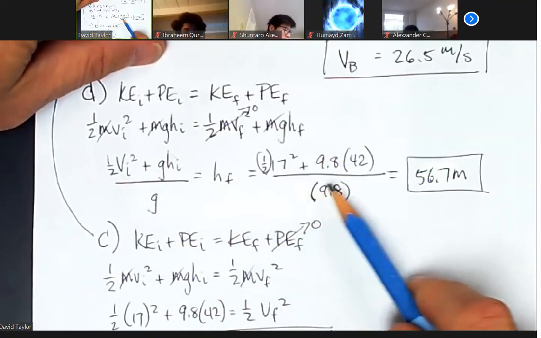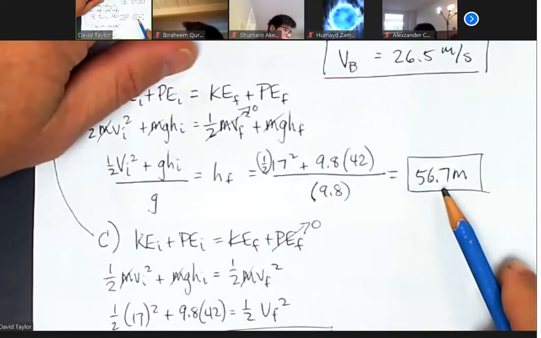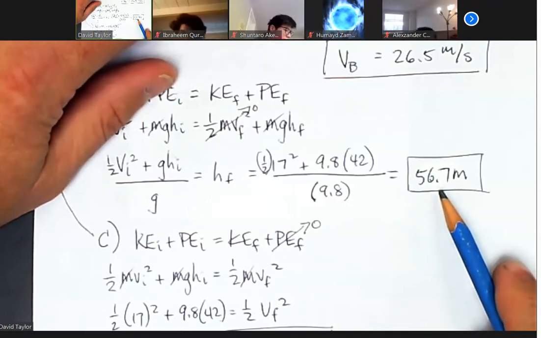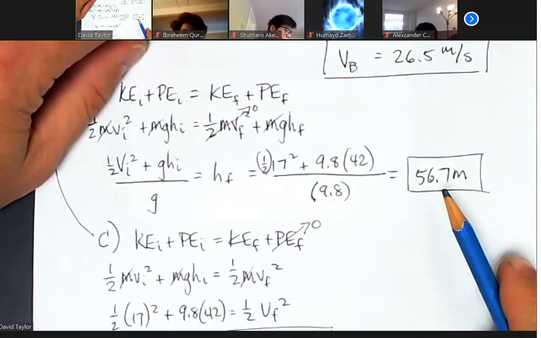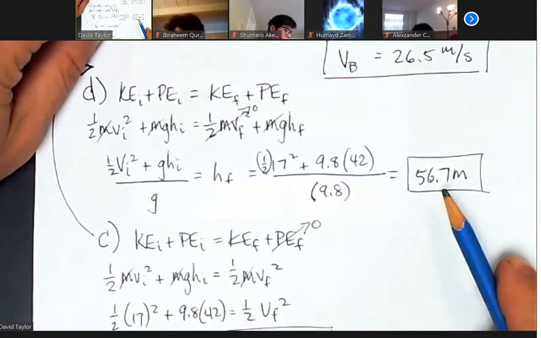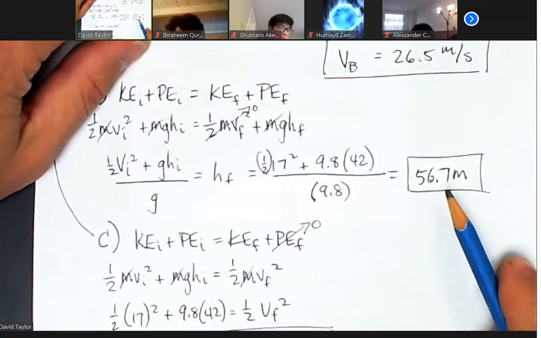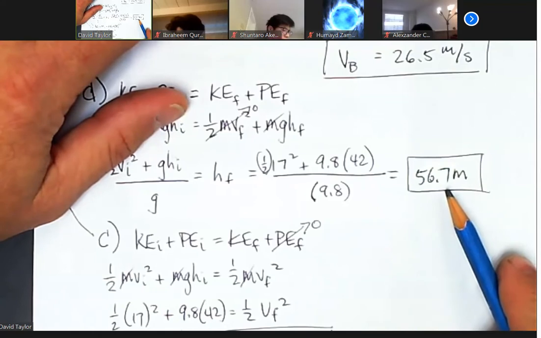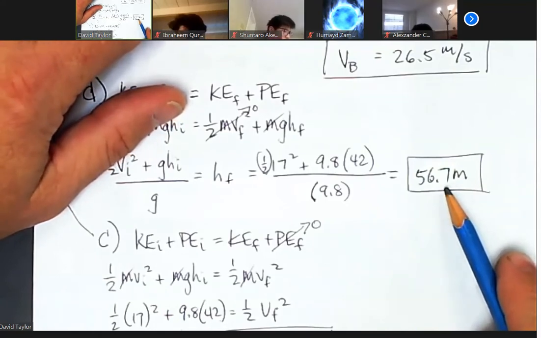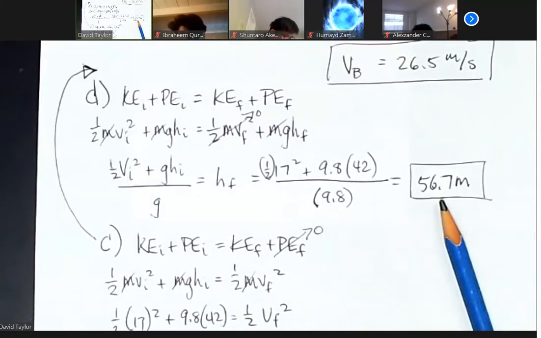Plug in the numbers, and there you see, that's the highest it will go. 56.7 meters is where all the energy now will be in the form of potential, and it will have no velocity. Of course, it will want to roll backwards unless something prevents it from rolling backwards. But that's as high as it's going to go.